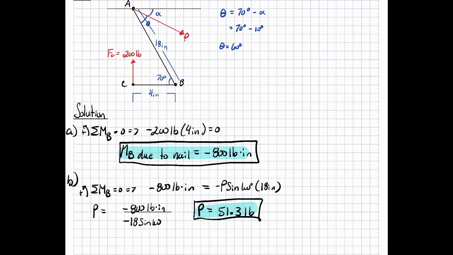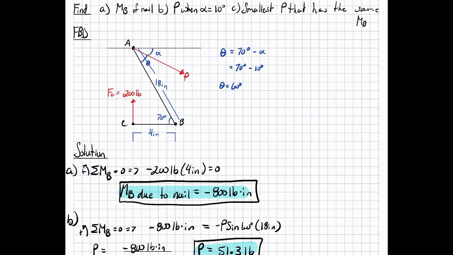But if you already know, based off the problem, that moment is going to be clockwise, and you know that's probably going to be a positive value, you can state that it's positive clockwise. But when you're doing the analysis, you have to be sure that you visually state that you're saying that clockwise is positive rather than counterclockwise being positive. So it's all about how you state it. You can say counterclockwise positive or clockwise positive. Doesn't matter. Just make sure you stay consistent.